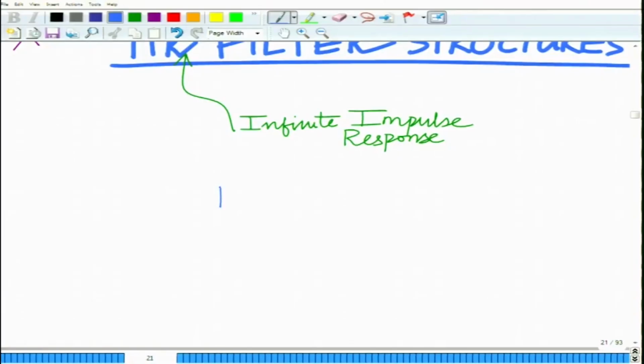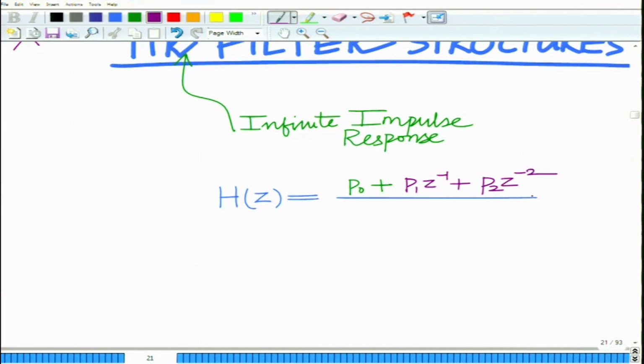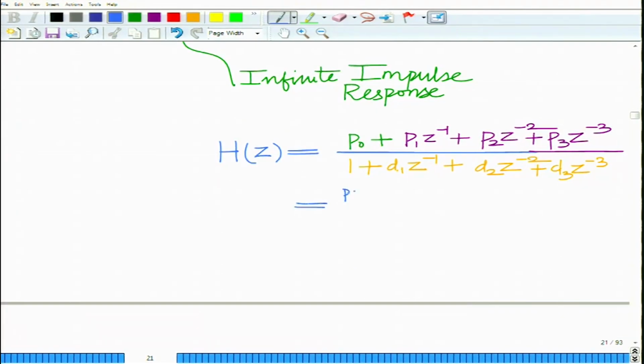To illustrate this, consider the third order filter given by the transfer function H(z) equals P0 plus P1 z inverse plus P2 z minus 2 plus P3 z minus 3, divided by 1 plus D1 z inverse plus D2 z minus 2 plus D3 z raised to minus 3, which I can write as P(z) over D(z).